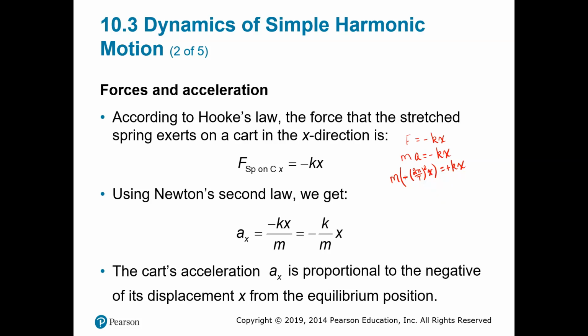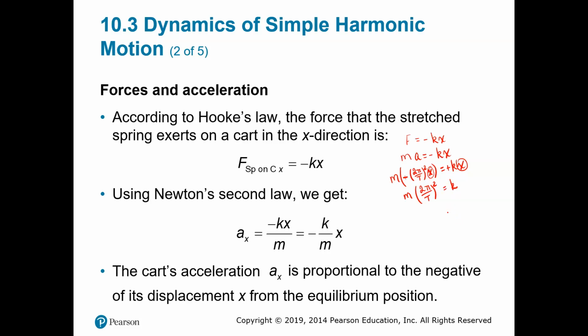I'm going to look at this x. Now, we're going to look at this as a non-equilibrium position, so that x is not 0, is kind of how we're going to look at this. We're going to look at this when we are away from that equilibrium position. So if I look at it from that perspective, I've got m times 2 pi over the period squared should equal k.